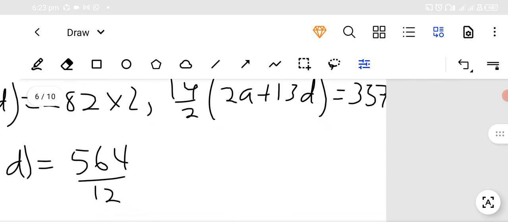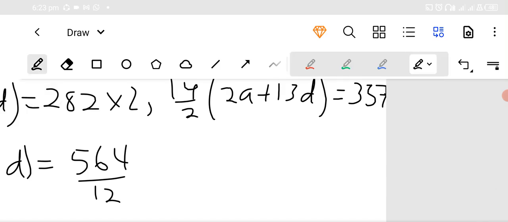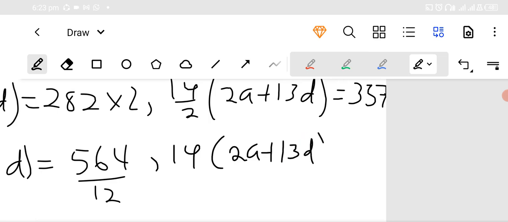Here it's better we don't simplify, but we can cross multiply in a way where, due to space, I'll just write it like this. We'll just maintain how the bracket is looking, that's 13d. Then everything divided by 2 is equal to 357.